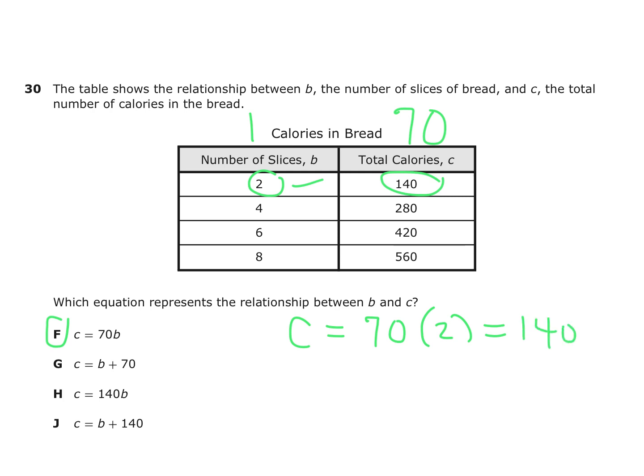And for the second one, if B was 4, you could do 70 times 4 and you get 280, and so on. So it's a good way to check. 70B is the answer for number 30.